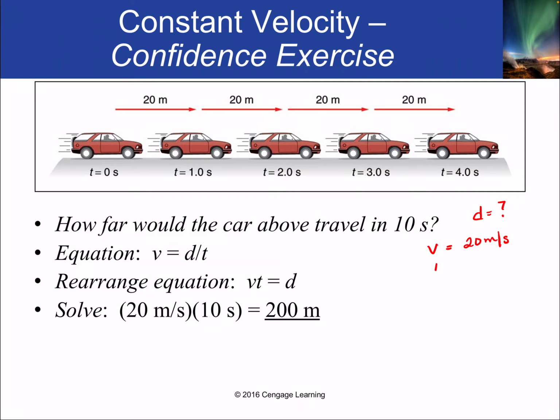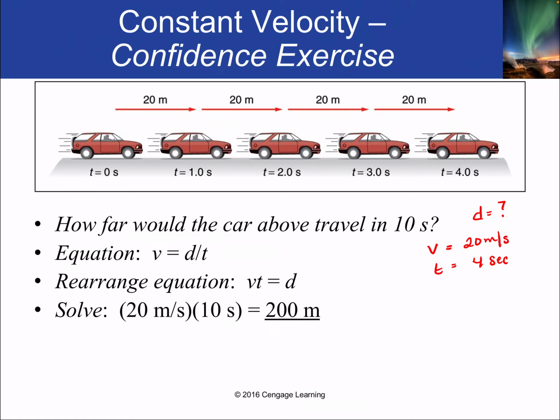Okay? And we can see from the picture, our time is 4 seconds. Remember, it helps to solve problems if you make your list. Notice in my list, I put what I'm looking for, a question mark, and then I put all the pieces that I'm given with the correct variables.